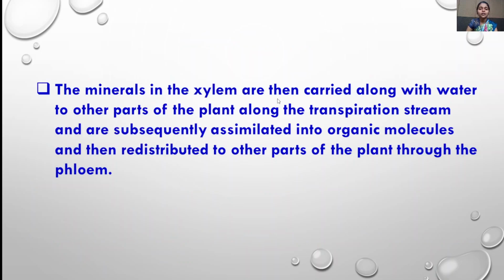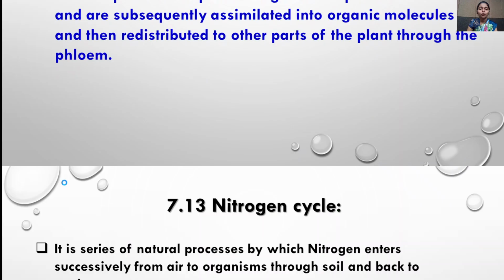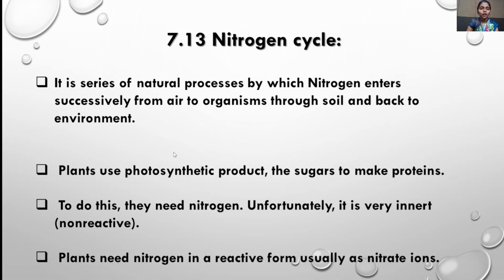The minerals in the xylem are carried along with water to other parts of the plant along the transpiration stream, and are subsequently assimilated into organic molecules and then redistributed to other parts of the plant through the phloem. Moves to the next slide.